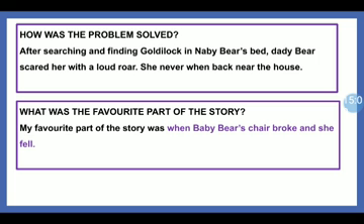The next thing that we are going to be identifying from our story is, how was the problem solved?